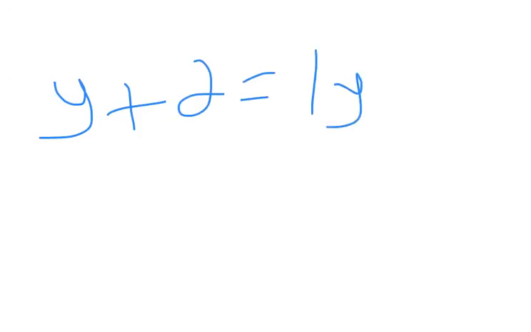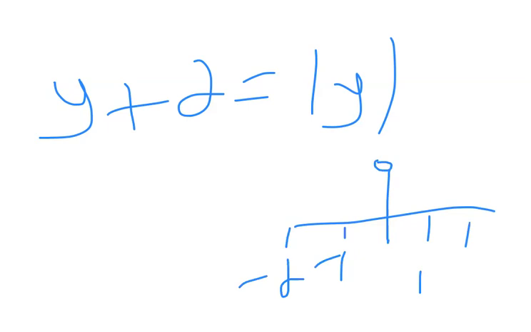Okay, this one is more of a problem solving method. What number plus 2 is going to equal the absolute value of that same number? You can do it the easy way. I initially thought of a number line, with 0, then -1, 1, -2, 2. If you take -2 and add 3, you get 1. You just get to the other side if you add a certain number. So I thought it should probably be a small negative number, because it has to satisfy this equation.